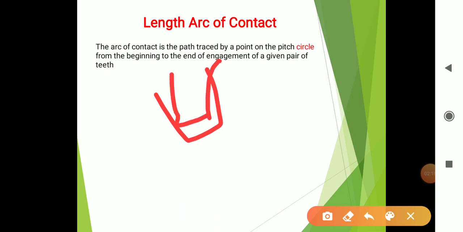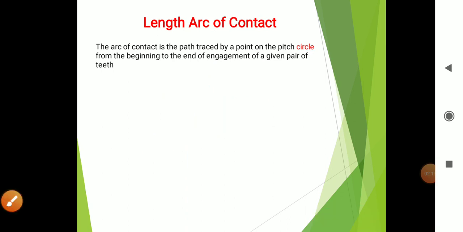So there must be some engagement here and disengagement here. So the arc of contact is nothing but the path traced by a point on a pitch circle from the beginning to the end of engagement of a pair of teeth. So this is the arc of contact.